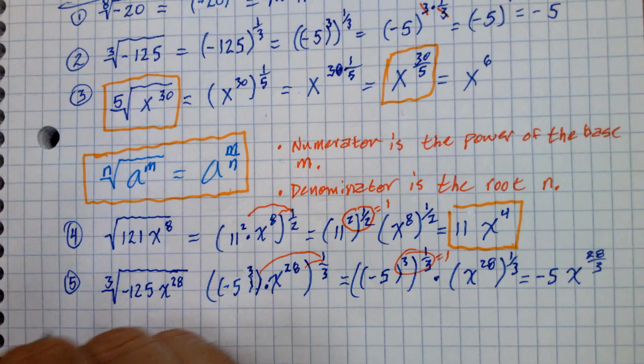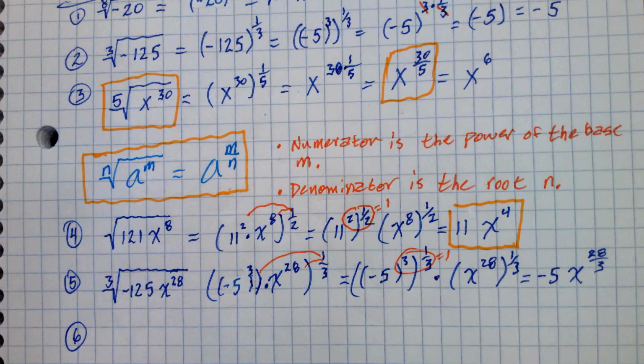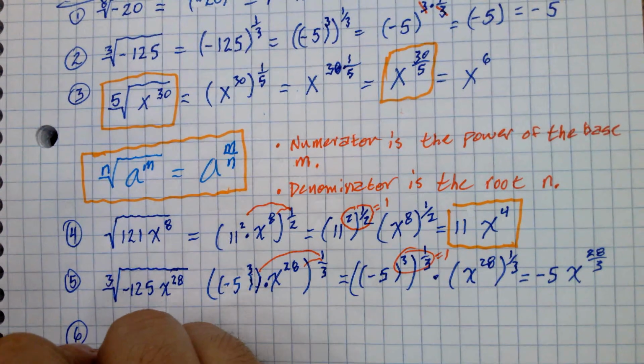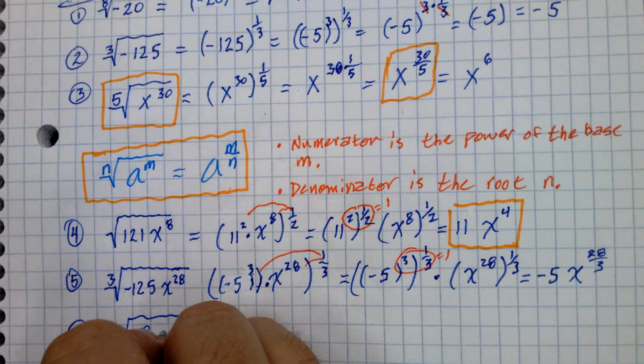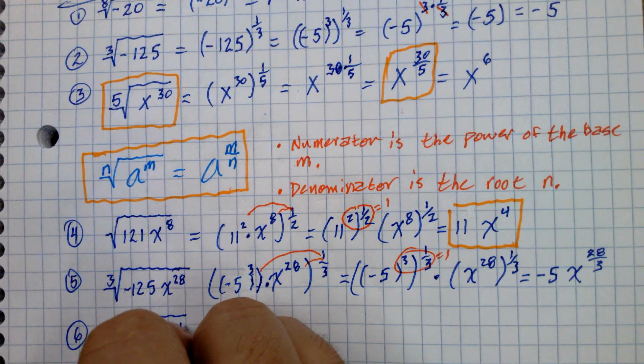Okay? This will be the last one. The cube root of 8 x to the 24th.